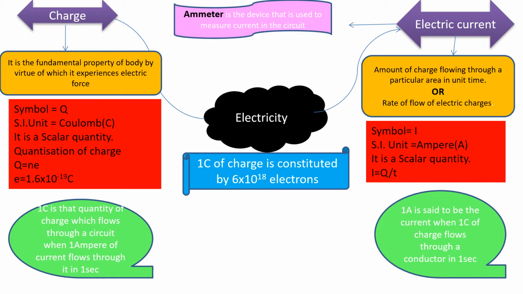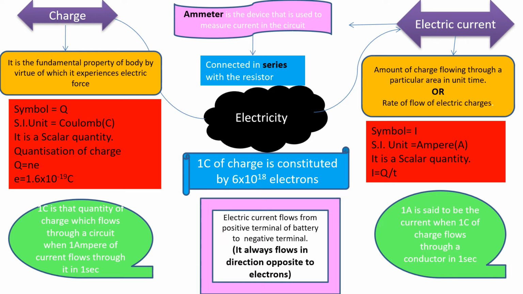For that, I told you that we're going to use a device called an ammeter. See, from amperes, ammeter, everything is connected. So this is a device that we use to measure current in the circuit. But how do we connect it? We always connect it in series with the resistor through which the current has to be measured. So the ammeter is always connected in series.